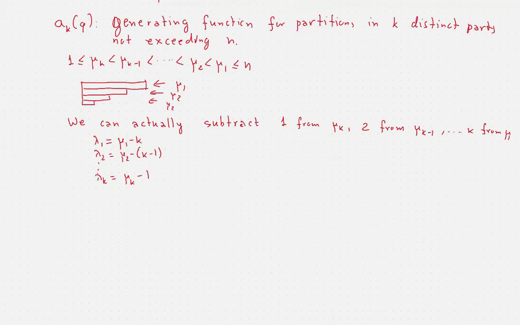So first of all, these numbers, the lambda_i's, are greater than or equal to 0. And they correspond to a partition that has parts that do not exceed n minus k.